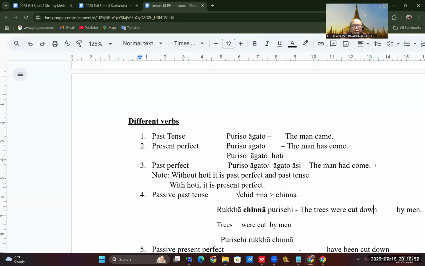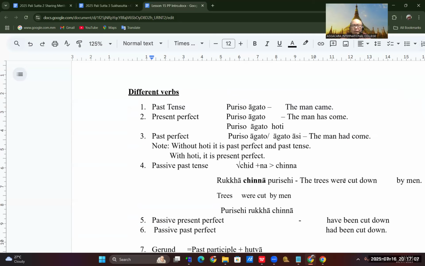Now the next one is a passive sentence. This one we showed already earlier on. So in this example, number 4, "the tree was cut down by the man". So this is a passive past tense.